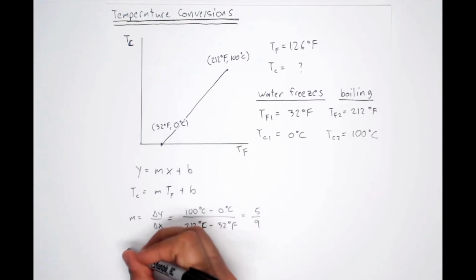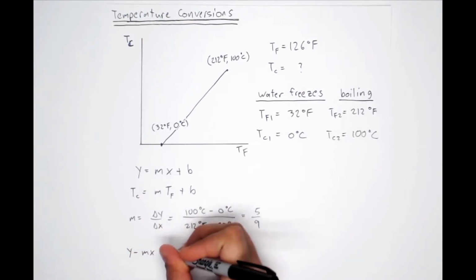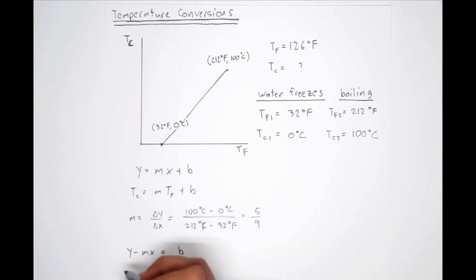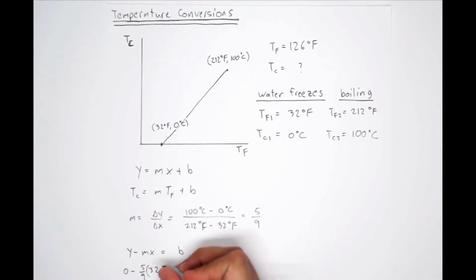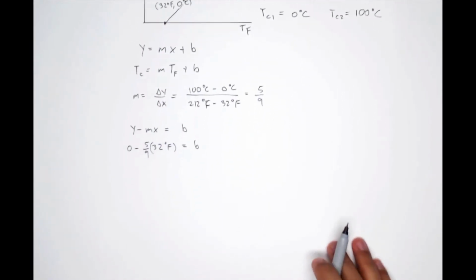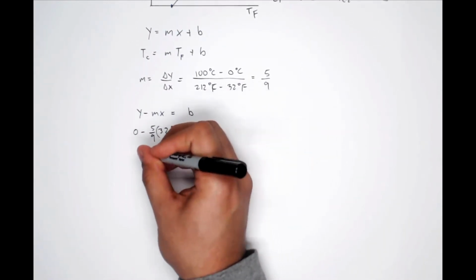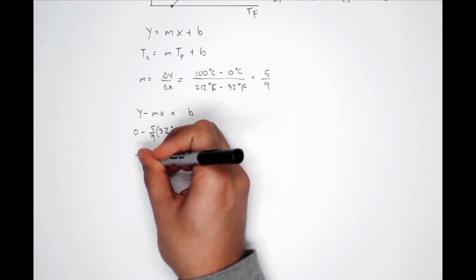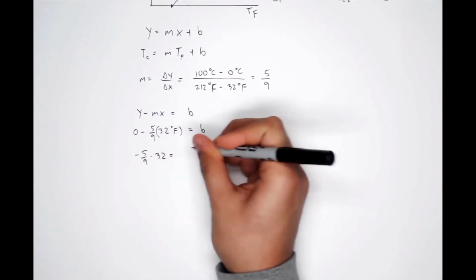What I'm basically saying is let's do y minus mx is equal to b, and then put in y as 0, and we're going to have our m of 5/9 times our x, which is going to be 32 at that point. And now we can see directly that b is going to be minus 5/9 times 32.